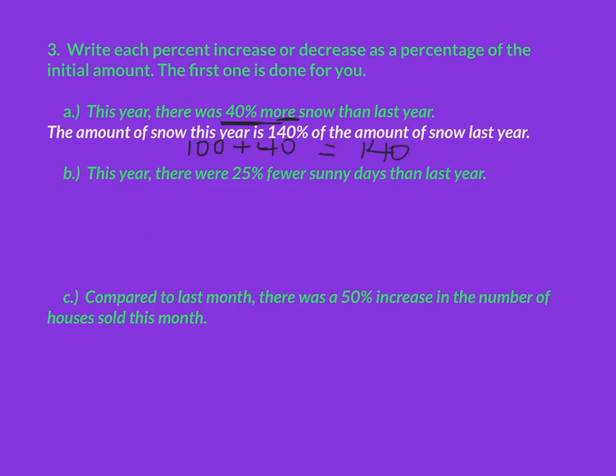Okay, so this year there were 25% fewer sunny days than last year. Okay, so fewer, that means we're subtracting from 100. 100 minus 25, of course, gives us 75.